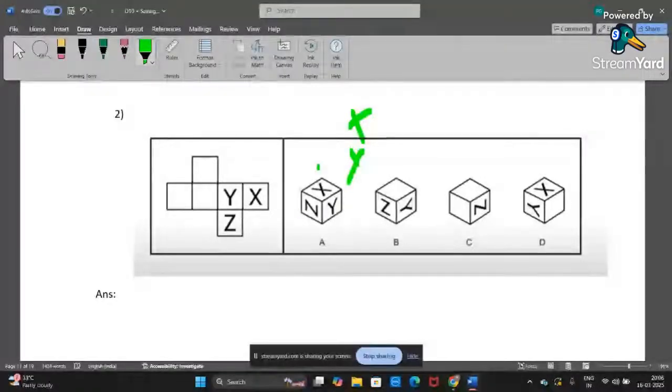So this is not the right option, because the X should be like this and Y should be like this, but here it has given like this.